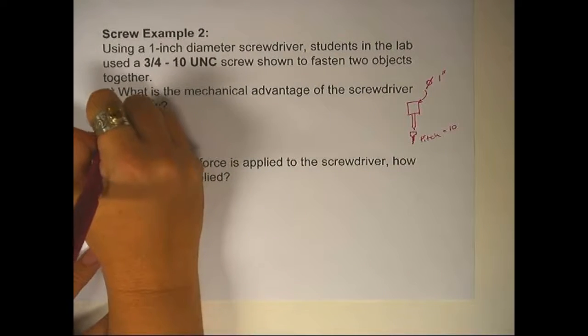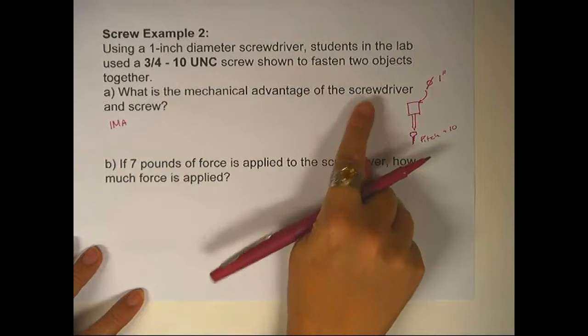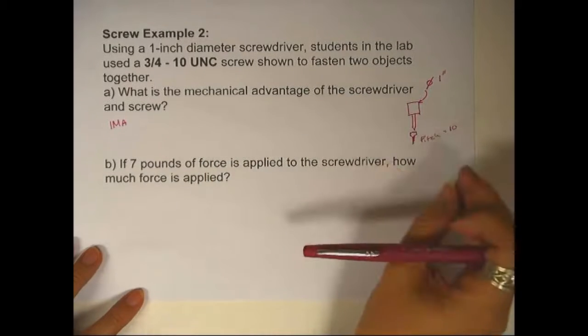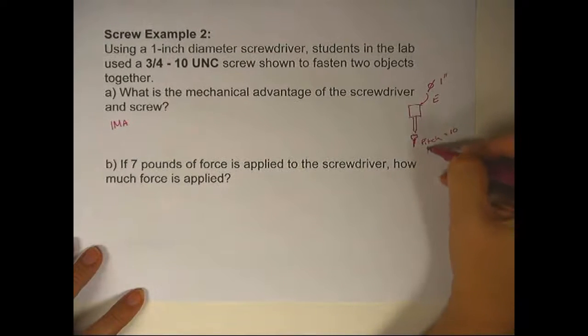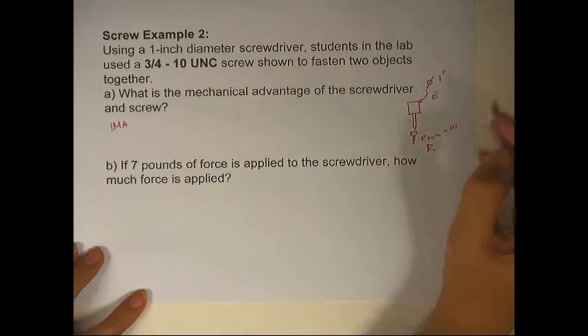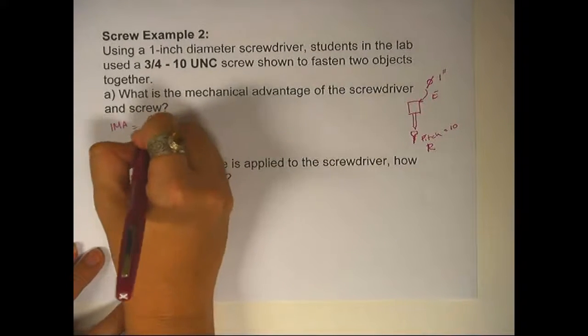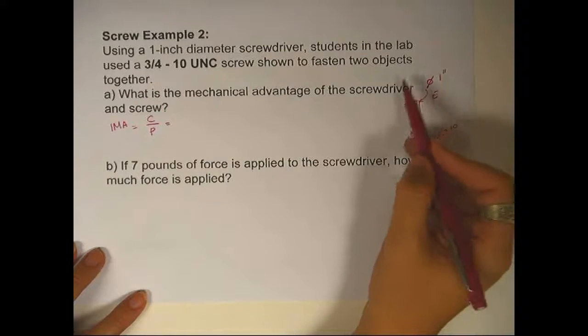So if I'm going to find my IMA, it says the IMA of the screwdriver and the screw. So I'm going to put these together to find, if I'm putting my effort up here, what is my IMA of this whole thing put together. So this is circumference over pitch. Circumference is going to be up here where my effort is.